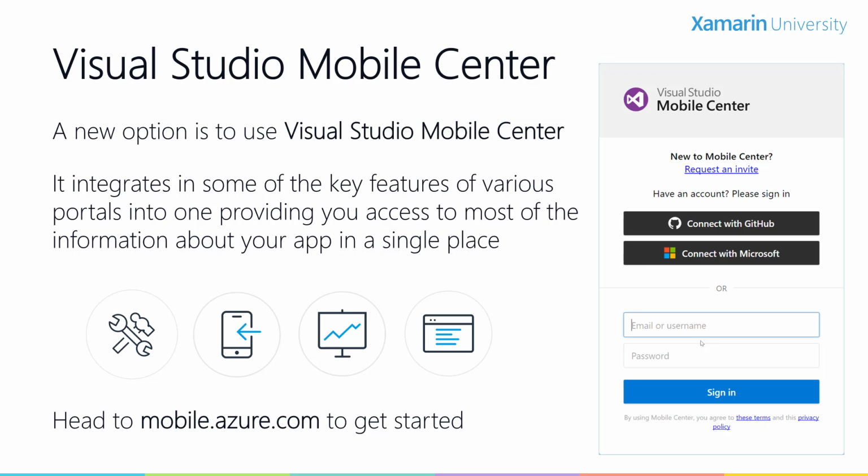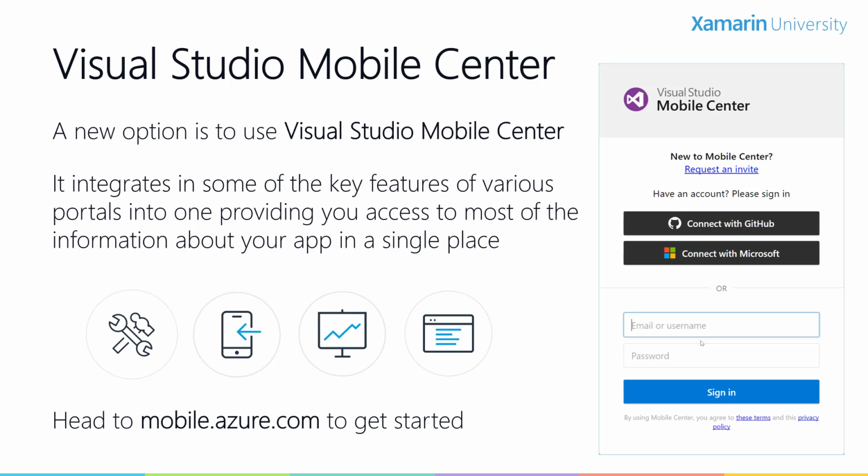From that single portal, you're able to configure your CI builds, which automatically pull from your source control system, deploy your apps to your testers' devices, get reports on usage and other useful analytics, and receive crash reports when your applications encounter something unexpected. In addition, you'll be able to configure basic Azure mobile services here, such as Easy Tables, and get your UI tests from Test Cloud, all in one unified portal. A public preview of the portal is live now at mobile.azure.com.